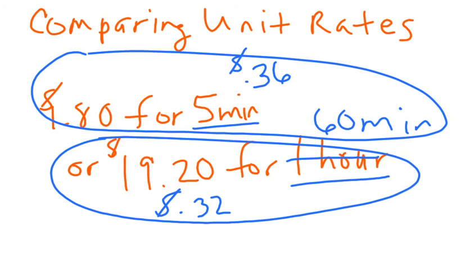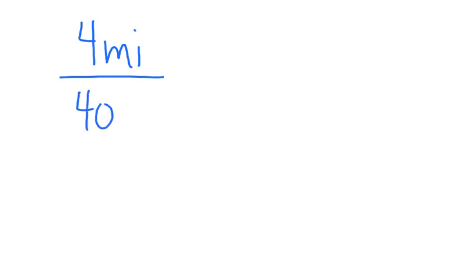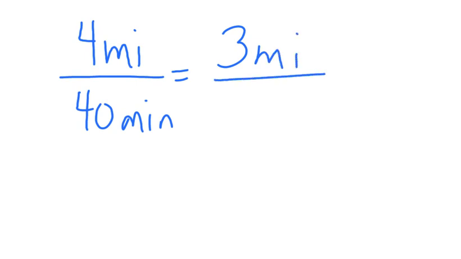Let me show you another way to do it. Let's say you are a runner, okay, and you went 4 miles in 40 minutes. That's not bad. Or let's say the next time you ran, you did 3 miles in 36 minutes. Which is the greater unit rate?